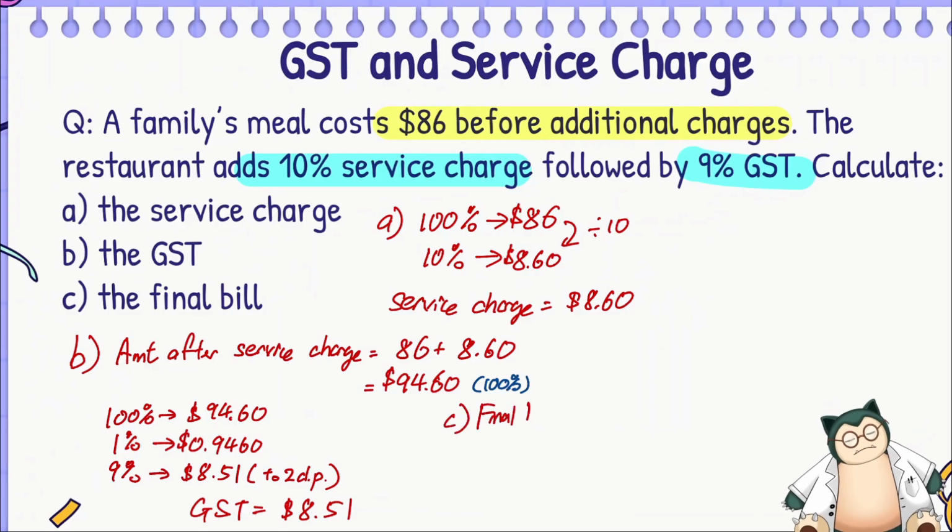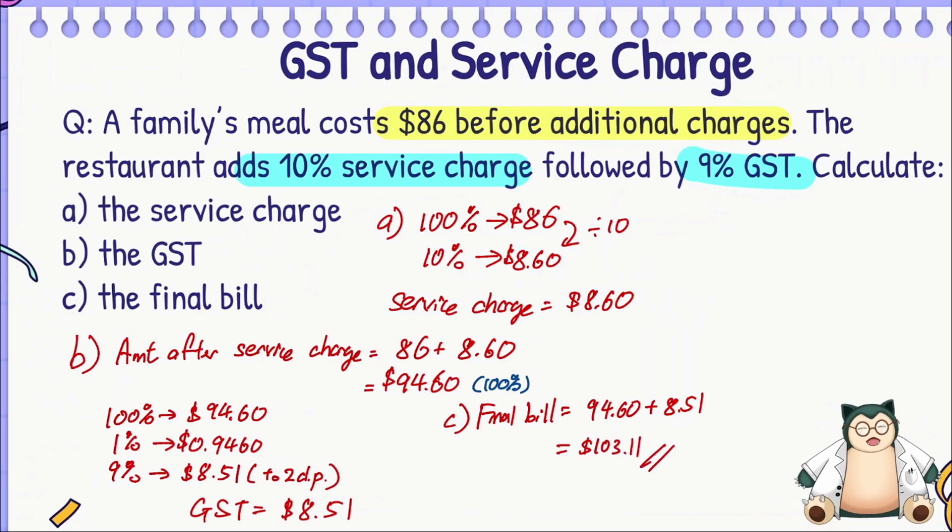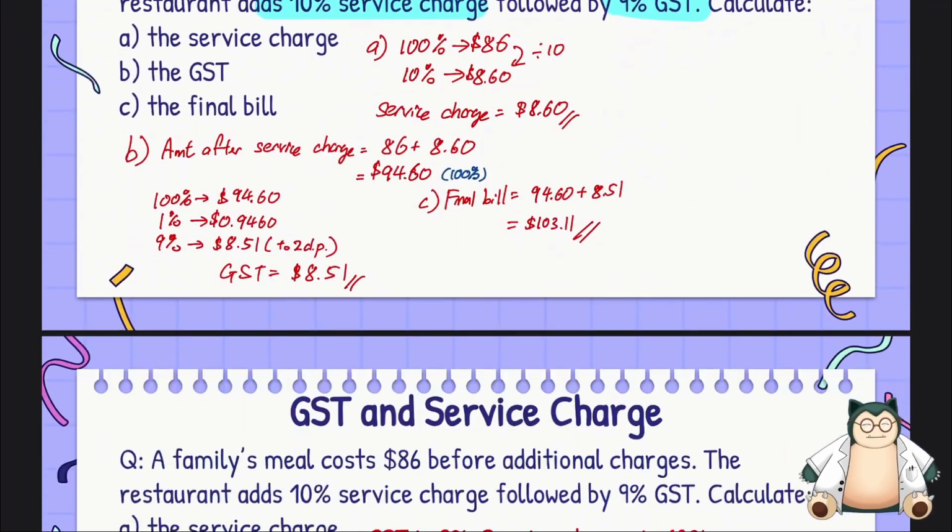Final bill would then be equal to 94.60, and we add our GST of 8.51, and that will give us a value of, let me just use my calculator so I don't make a careless mistake, $103.11. All right, is that okay, everyone? Good. If no questions, then we go on to the next question.